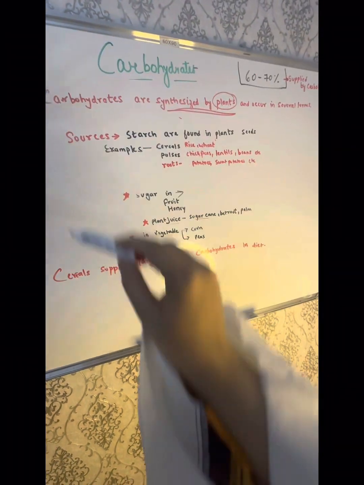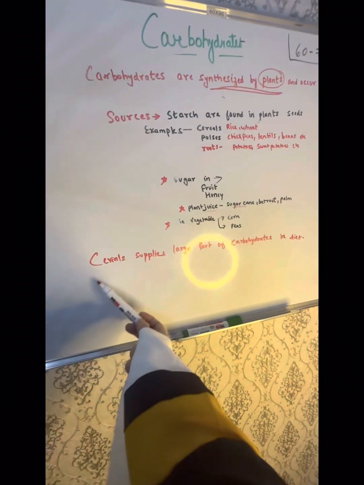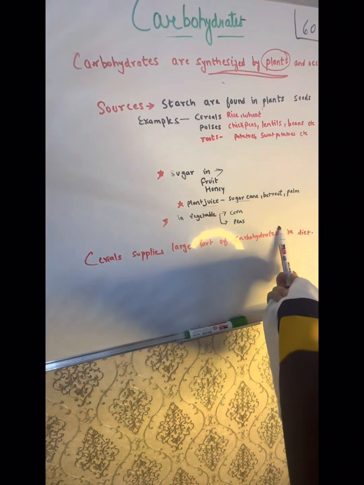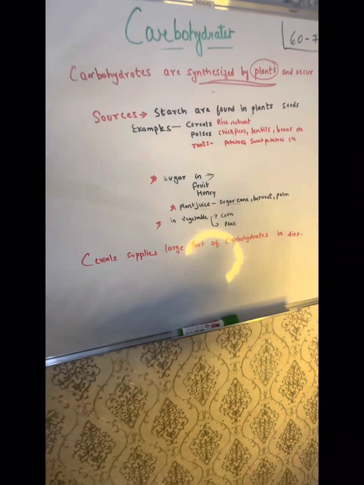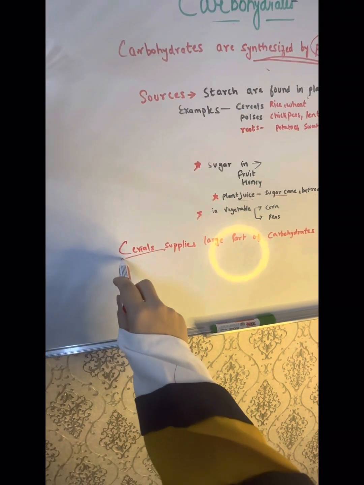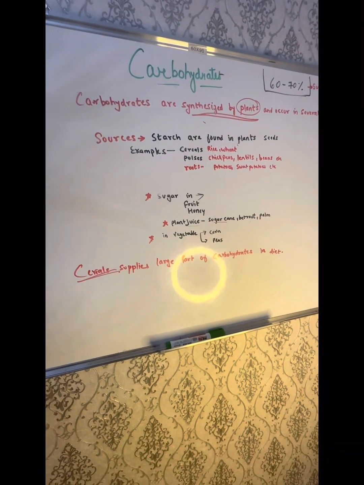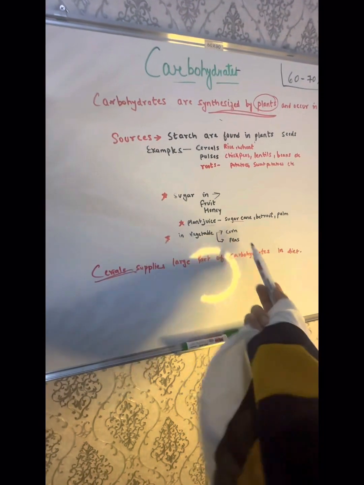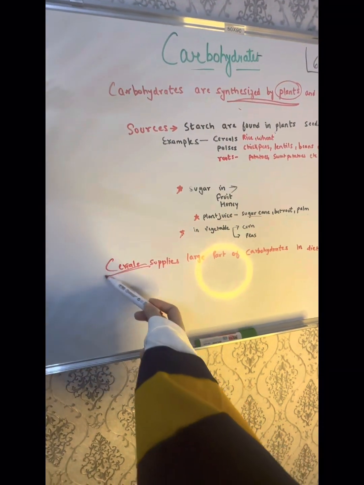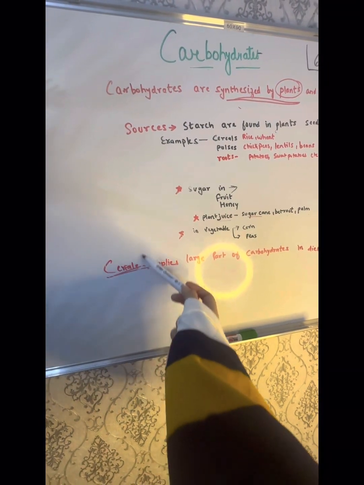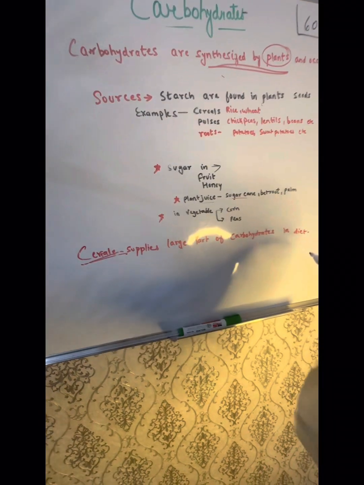These are the sources of carbohydrates, and cereal supplies a large part of the carbohydrate in the diet. As you know, the main element of the diet is carbohydrates. So cereal is supplying the large part of carbohydrate in the diet.